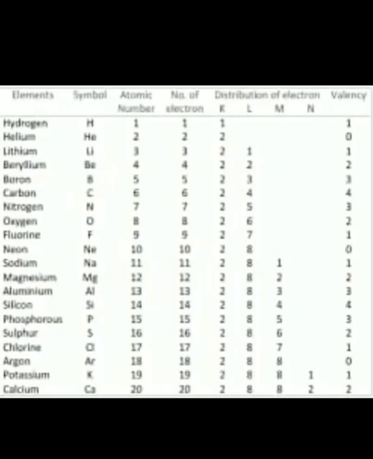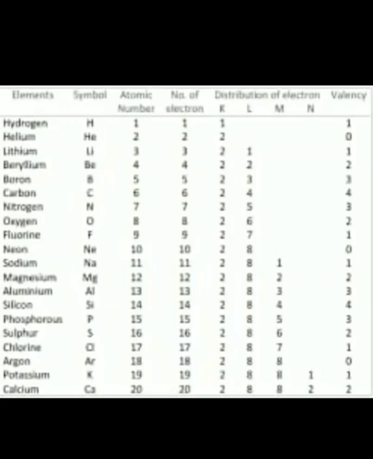And if the outermost shell belongs to neon, argon, that means the rare gases, they have already completed the octet, that means 8 electrons are in their outermost shells, so the valence is equal to 0. That means the valency of rare gases is equal to 0.